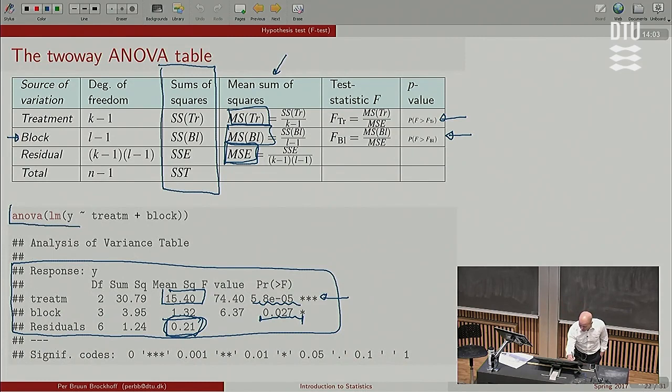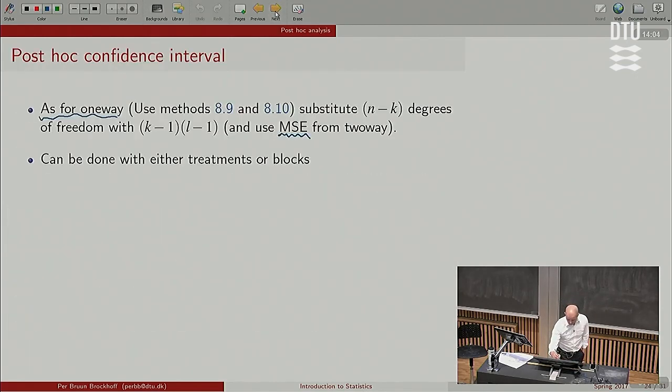It was so simple that I forgot to say it, but please note the simplicity in how to make it happen compared to what you already knew. Instead of just writing y tilde treatment, that's what we did last time, y as a function of treatment groups, now we write y tilde treatment plus blocks, exactly like we moved from one to multiple regression. It's straightforward. So I just wanted to emphasize that.